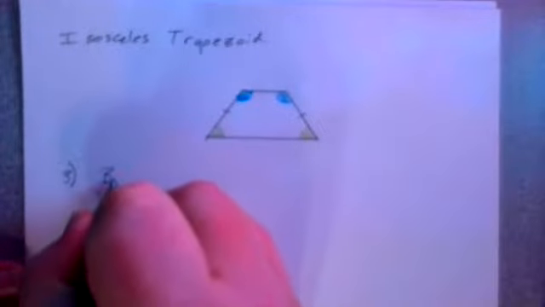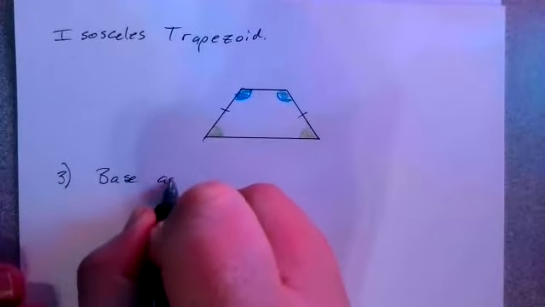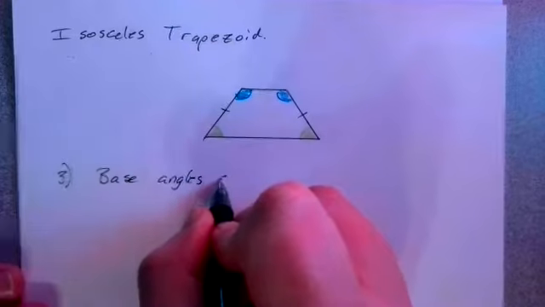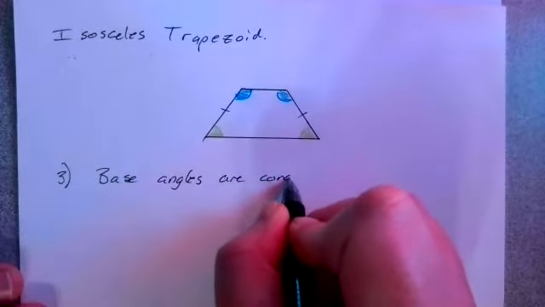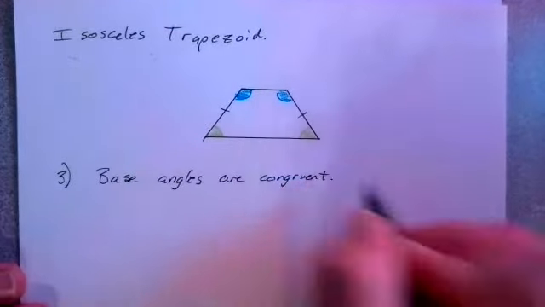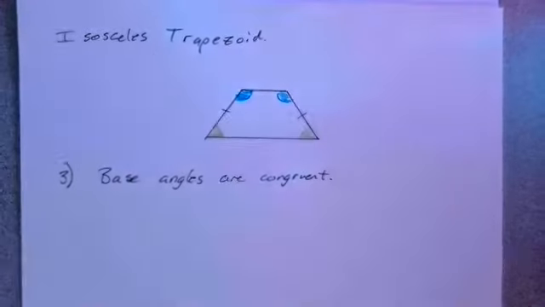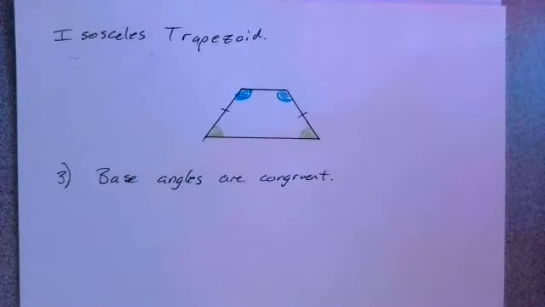So here we could say that the base angles are congruent. Now, that also lets us know that opposite or diagonal angles would also be supplementary. Ooh, that's kind of an interesting way of thinking.